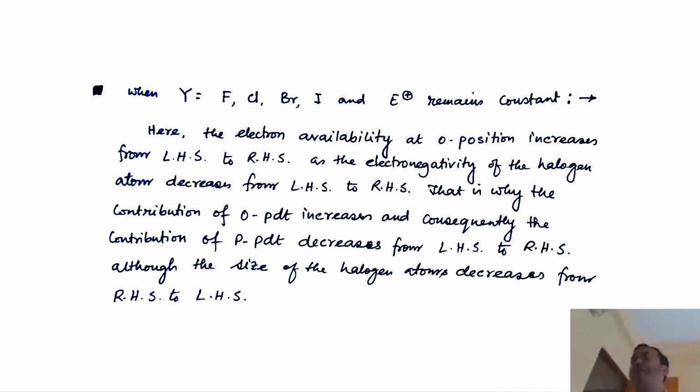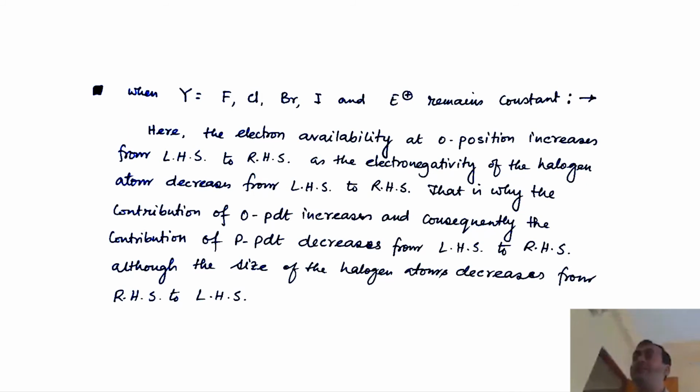So we can think that maybe from fluorine to iodine, the para product amount would be more, but it is not true in case of the halogen series. That is because the electronegativity drastically decreases from fluorine to iodine.